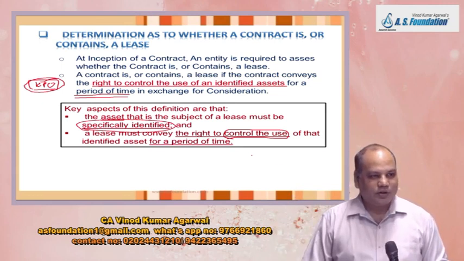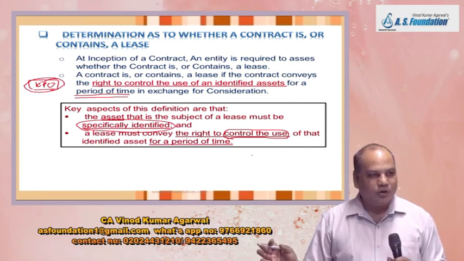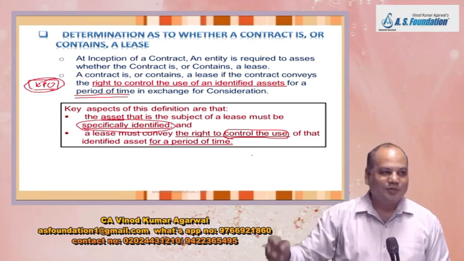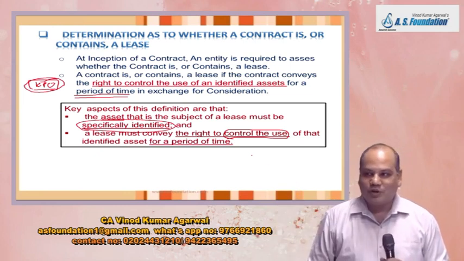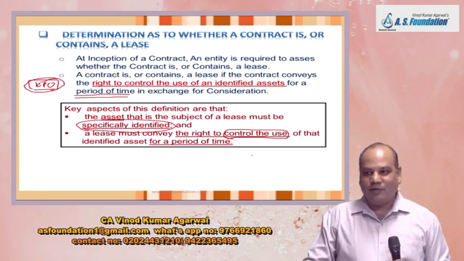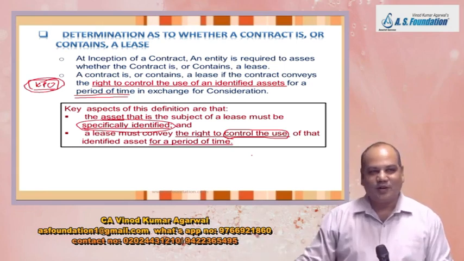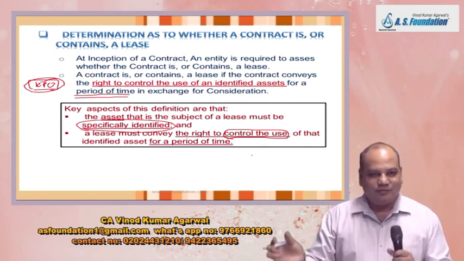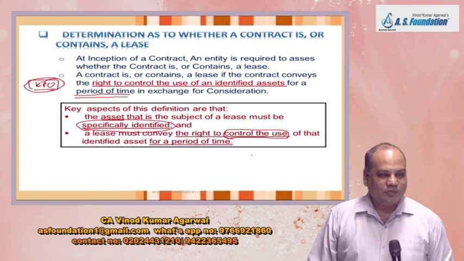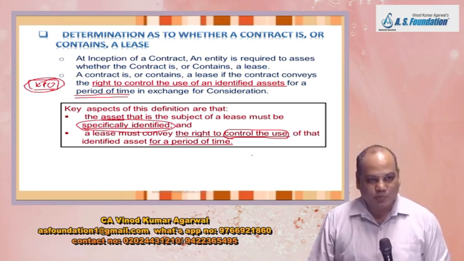What are the restrictions they can have? If you have given a ship on lease, then they will specify you don't have to go to these all locations because this is subject to a lot of pirates of Caribbean. Okay, or these are the areas where the cyclones are more common. So those kind of restrictions may be imposed.